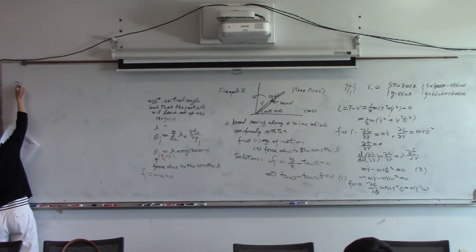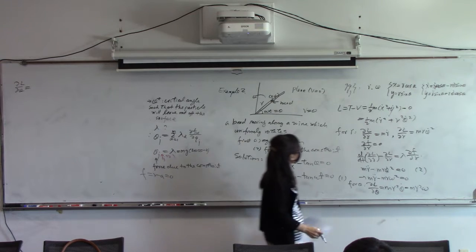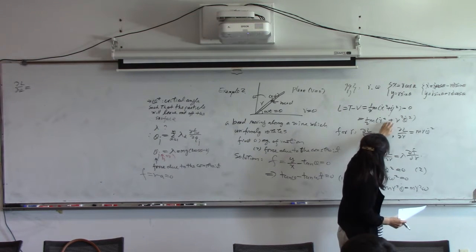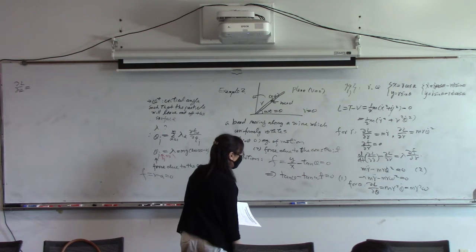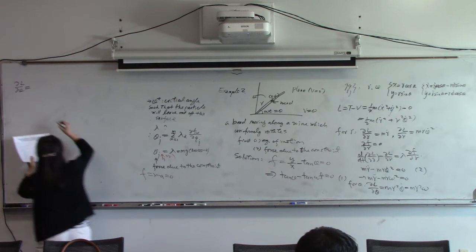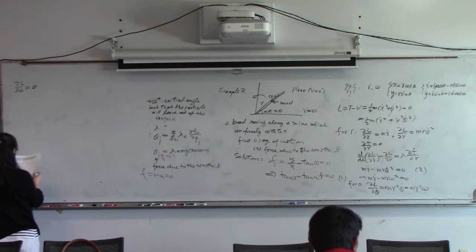Second one, partial L, partial theta. We have no theta, right? So that is 0. Partial L, partial theta is 0.